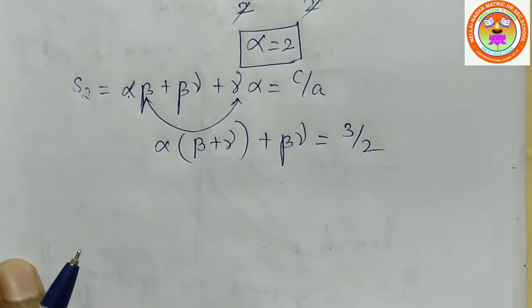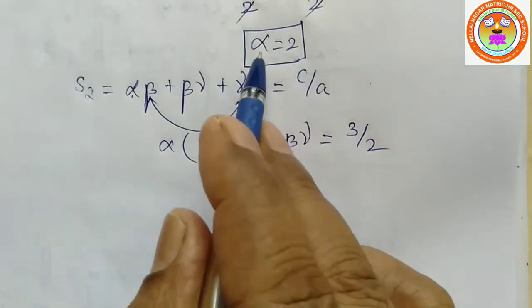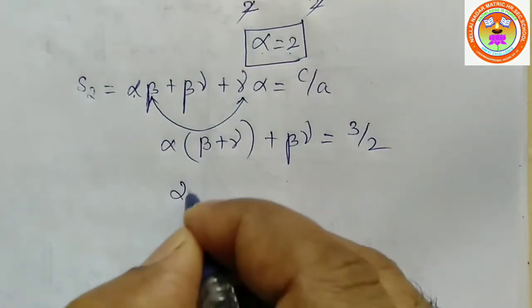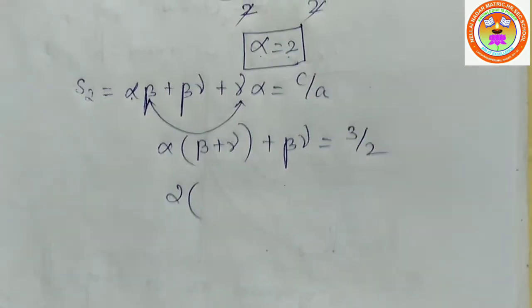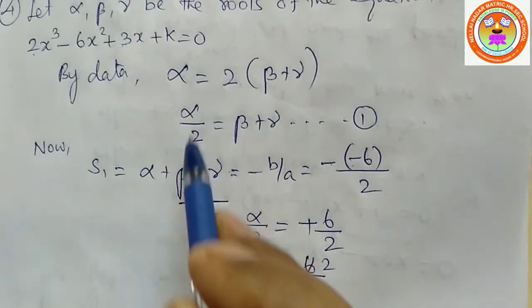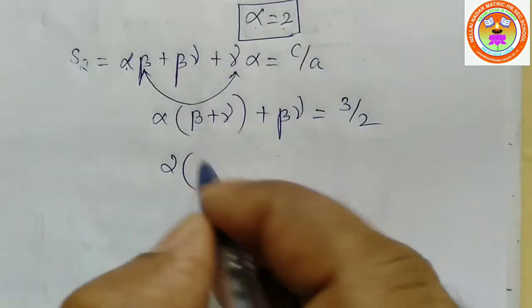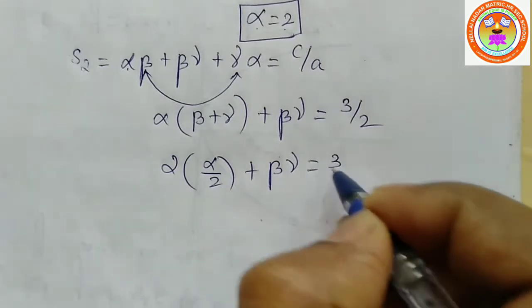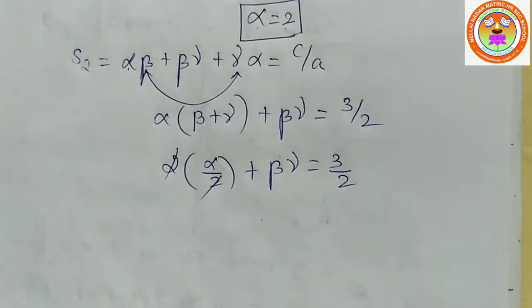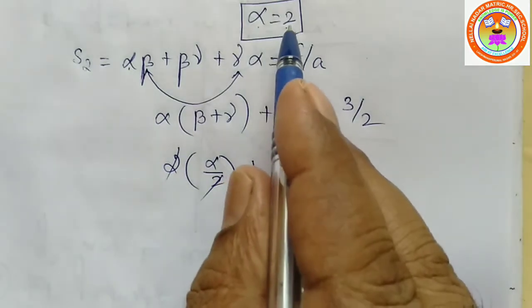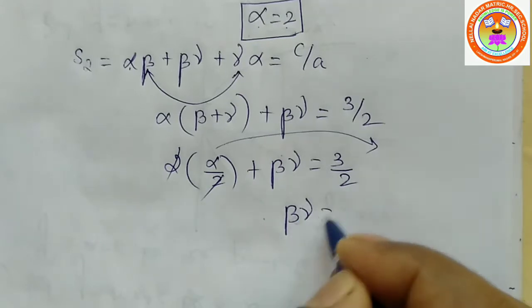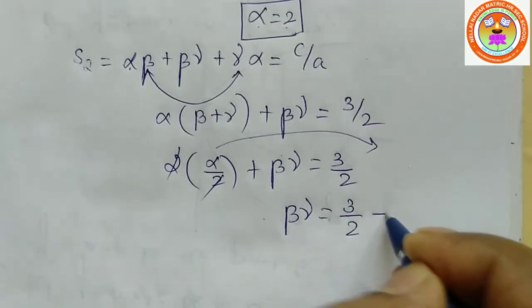Now we have the value of alpha and beta plus gamma. Alpha is 2, so 2 into beta plus gamma. Beta plus gamma is alpha by 2, right? That is alpha by 2 plus beta gamma is equal to 3 by 2. Again, alpha is 2. Bring this alpha value to that side, so beta gamma is equal to 3 by 2 minus alpha.